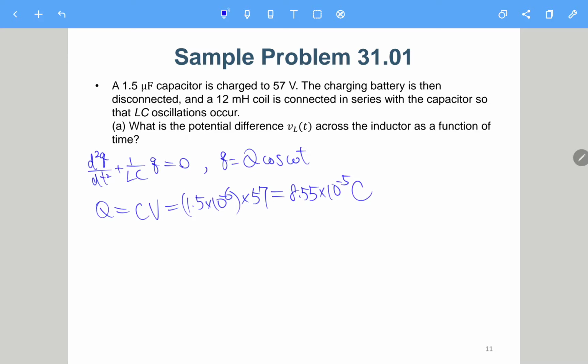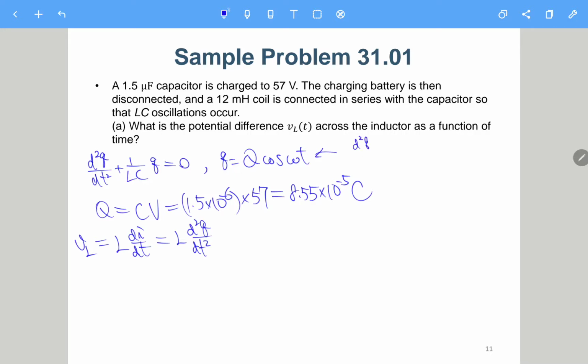Okay, so VL is the voltage, or the potential, across the inductor, which is nothing but L di/dt. And I is actually the derivative of the charge, so it is nothing but L d²q/dt², which means we need to take the second derivative of this equation.